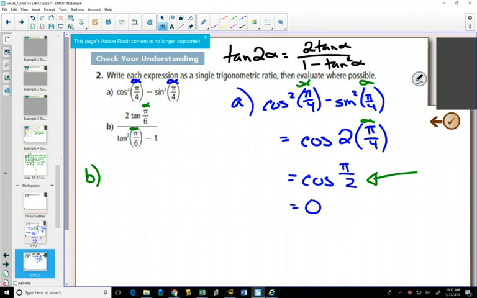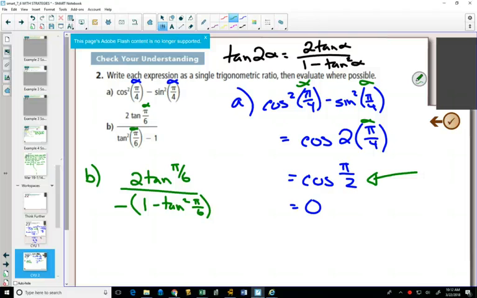So what does that mean? If I take my 2 tan pi over 6, and on the bottom I factor out a negative, that would make my 1 positive and my tan squared negative.